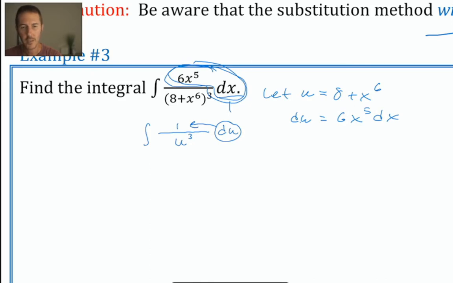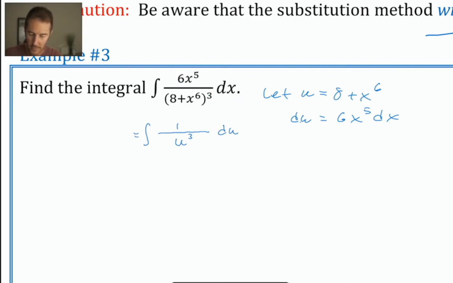So I have slid the du over to the end of the expression. It is still being attached by multiplication right here. So it's as though it's in the numerator. We just don't usually write it that way.